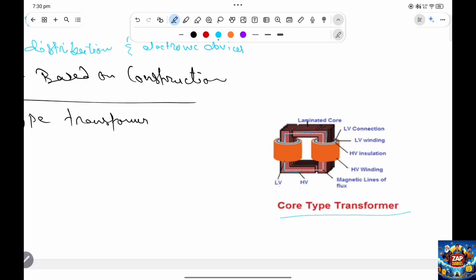This thing is the core, and these are the windings. So for say, it's a primary side, this is secondary side, and we have two windings over here.